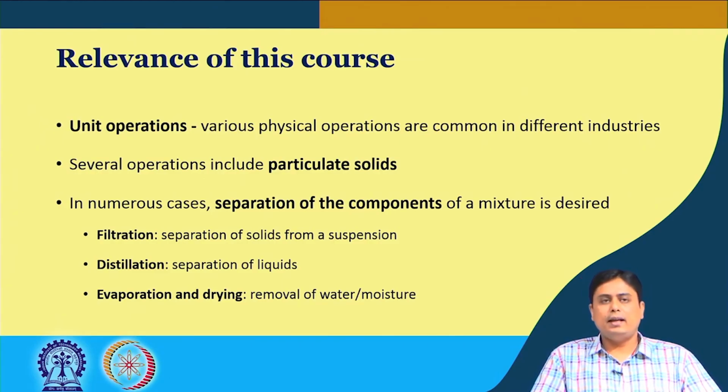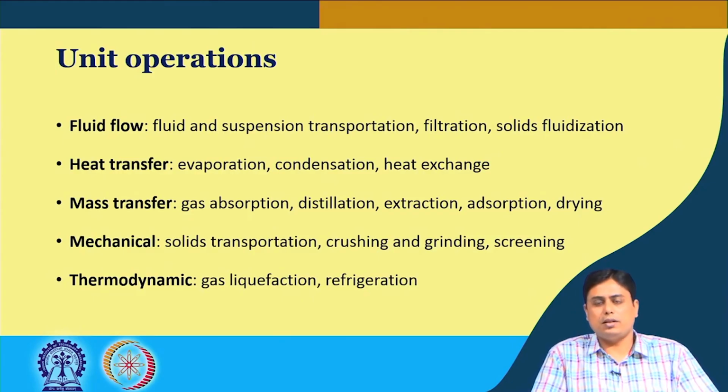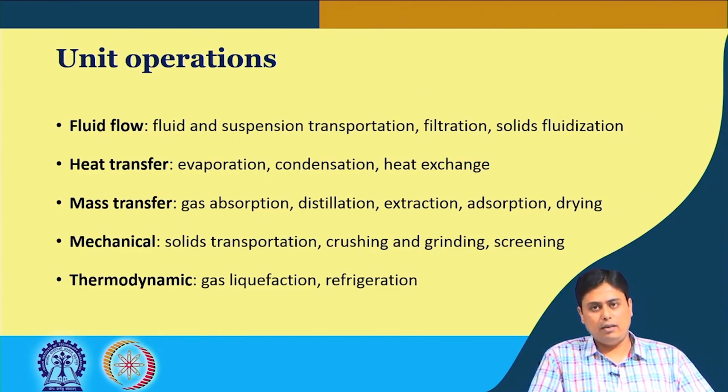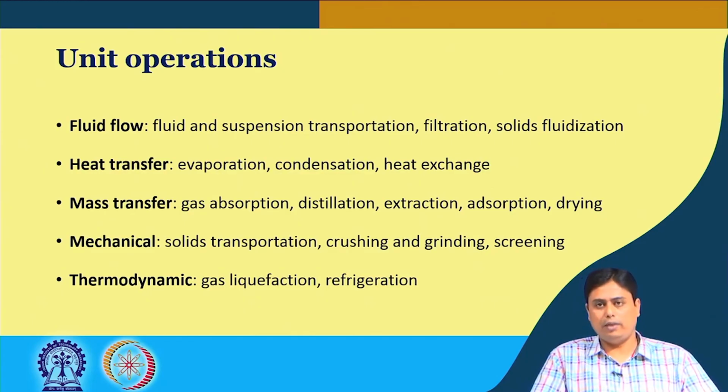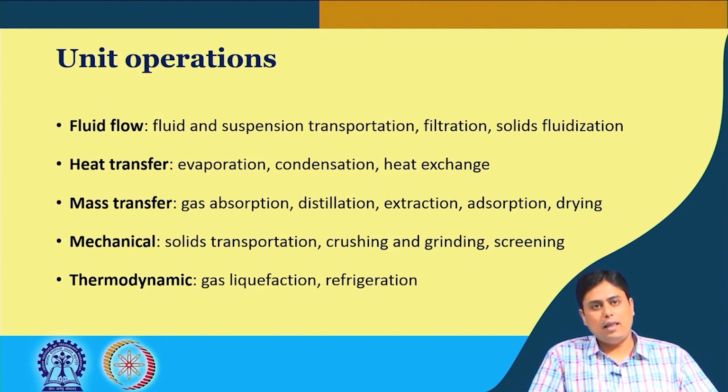Based on the underlying processes, these unit operations are broadly categorized into key features like fluid flow phenomena, heat transfer processes, mass transfer processes, mechanical processes and some thermodynamic processes. Any typical industry will involve one or more of these.